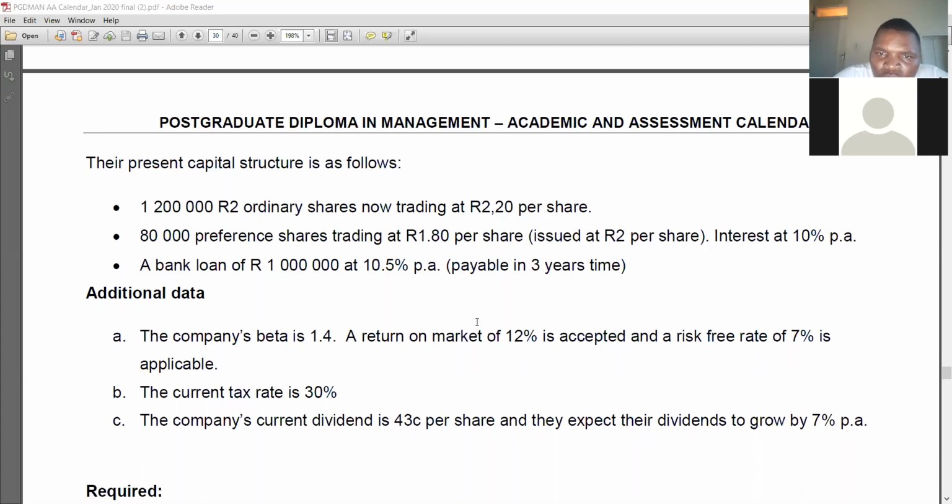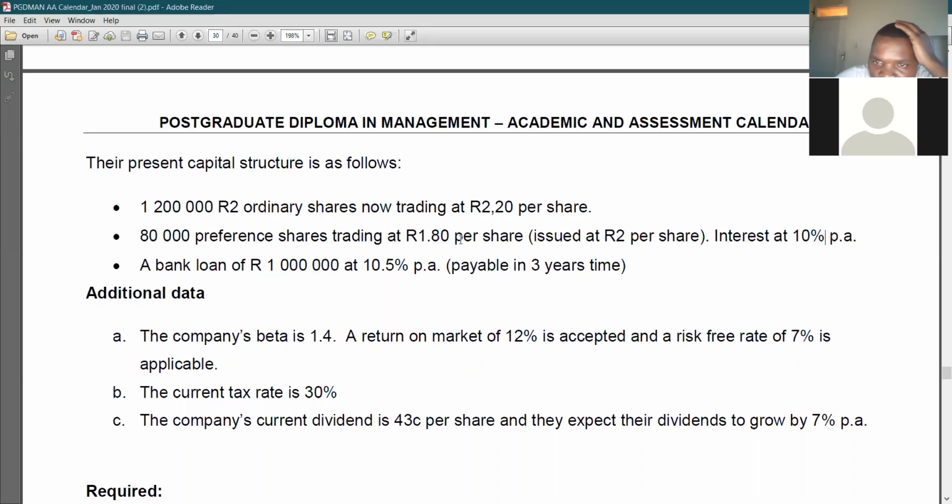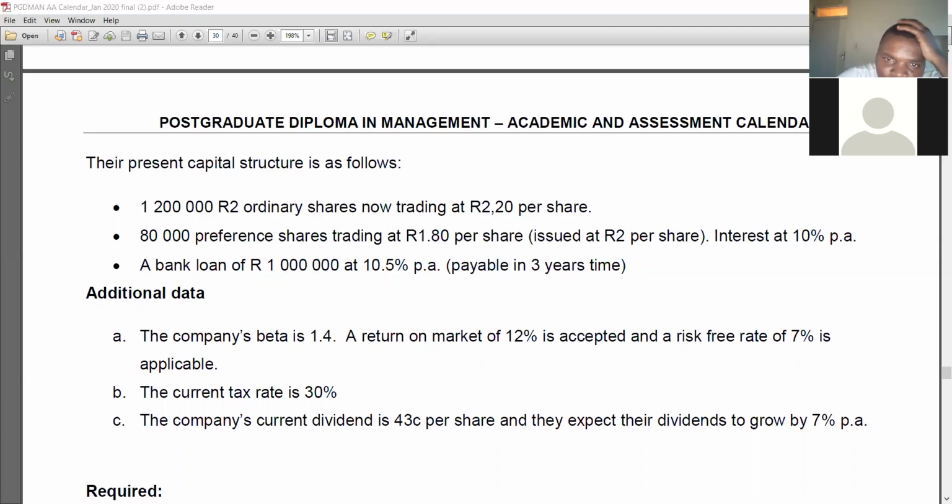What you do in this case, you will multiply the interest by the share price in issue, which in this case you will say 2 multiplied by 10%, and then you have to divide that by P0, that 1.80 over there.